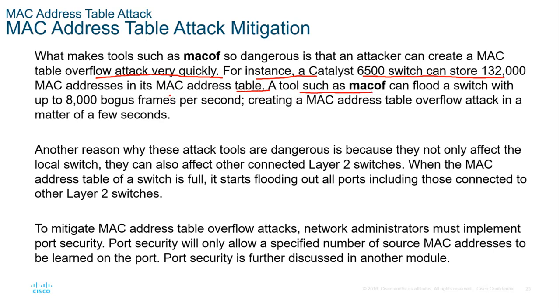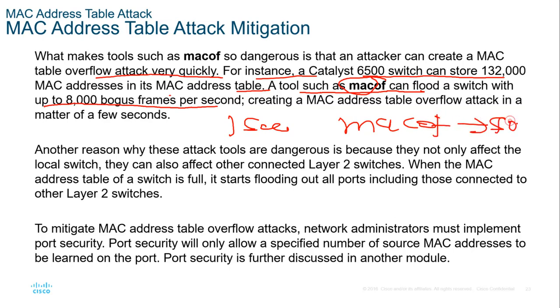A tool such as the one I've mentioned can flood a switch with up to 8,000 bogus frames per second, so within a single second it can generate up to 8,000 bogus MAC addresses.